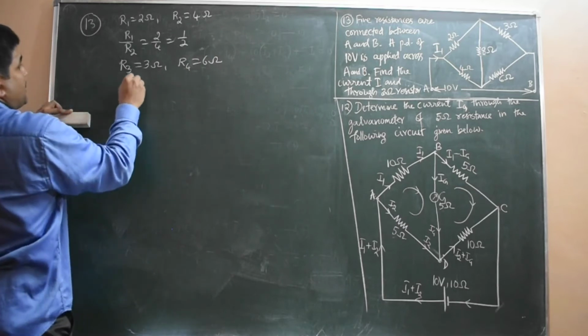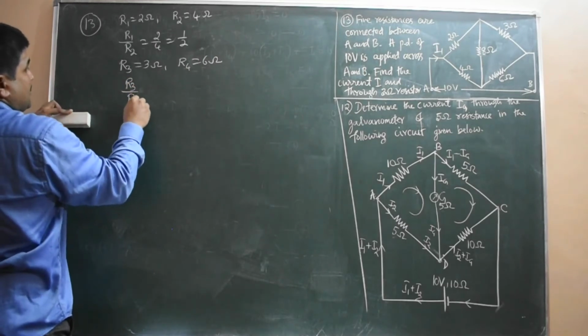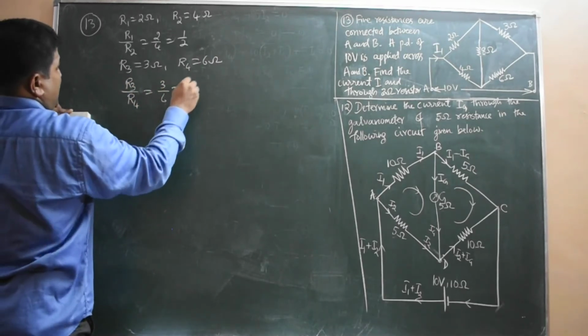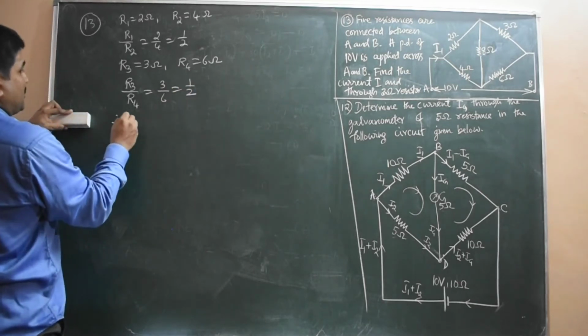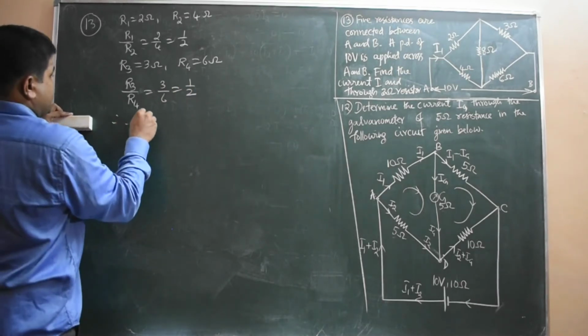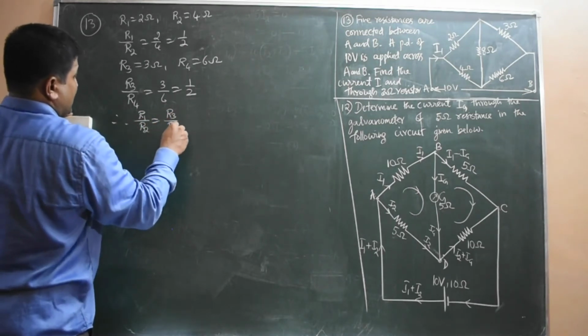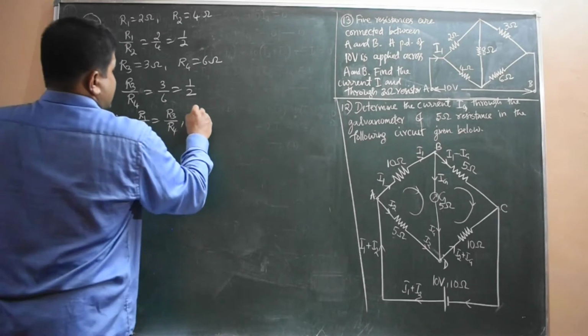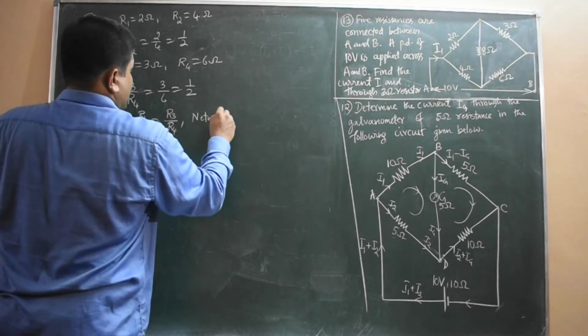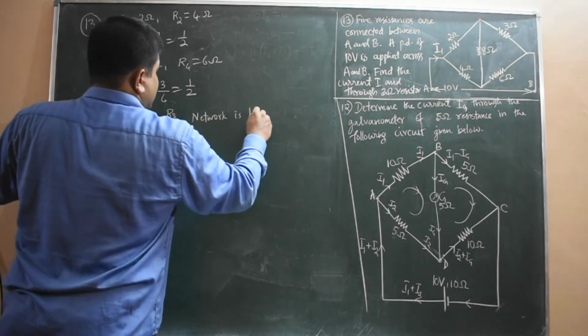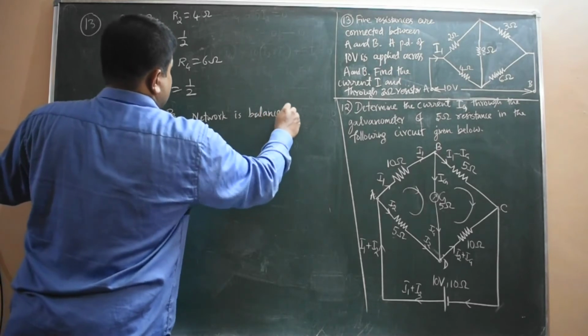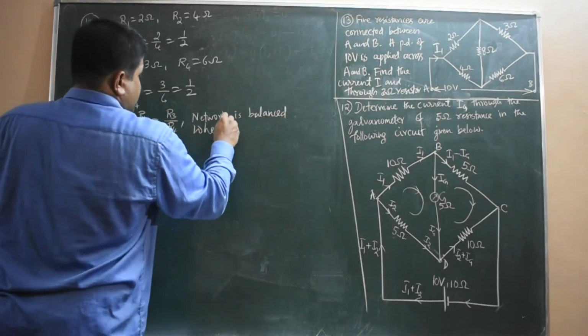The ratio R3 by R4 is 3 by 6, which is 1 by 2. Okay, so therefore we can say R1 by R2 equals R3 by R4, and the network is a balanced Wheatstone's bridge.